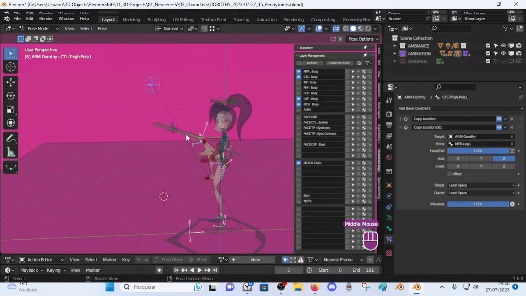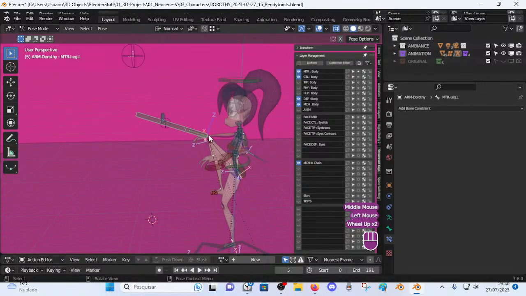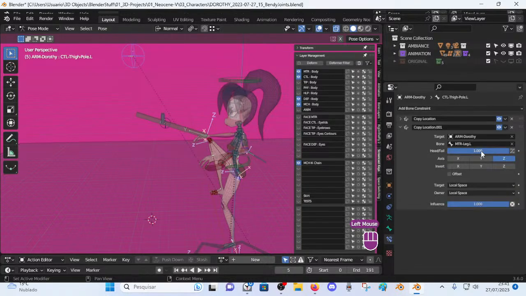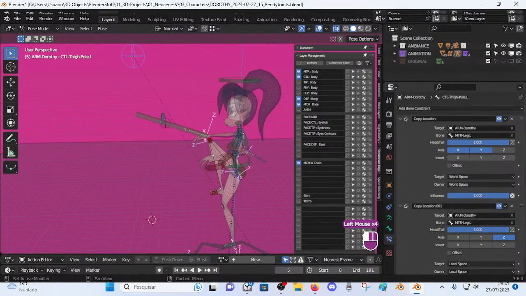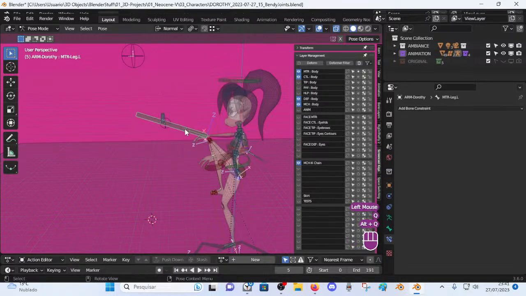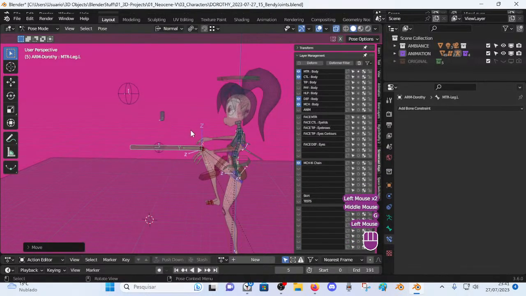This is why I require to have an orthogonal bone like this. Really? Alright, whatever. For this automation, yes, it is working, it's just not fully automated.